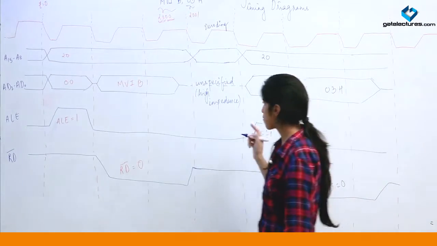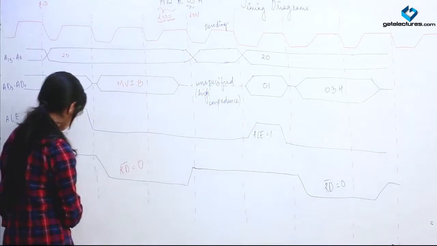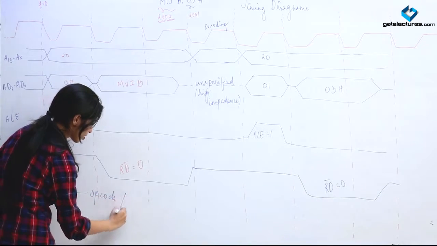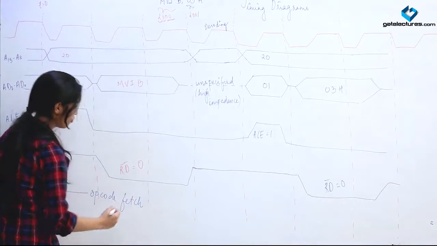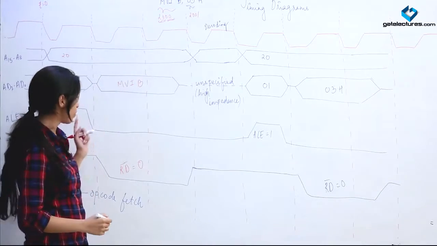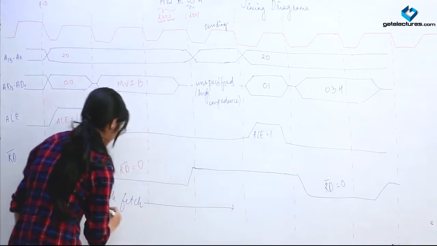it into B. Now see, these 4 clock cycles, 1, 2, 3, 4, are required for opcode fetch. MVI B was the opcode. To fetch this opcode, we required 4 clock cycles, 4 T states.